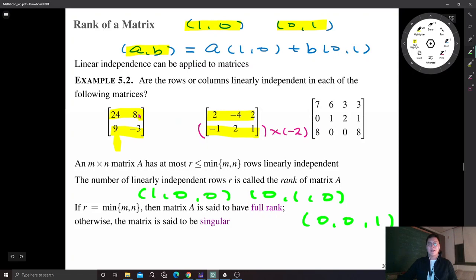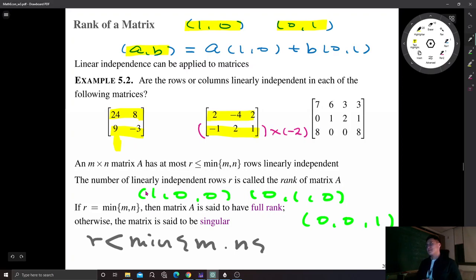So this matrix has full rank. This matrix also has full rank. Otherwise, meaning that if r, the rank of a matrix, is strictly lower than the minimum of m and n, then we say the matrix is singular.